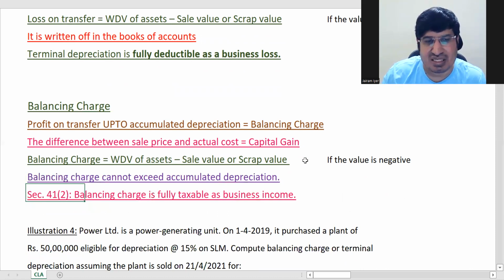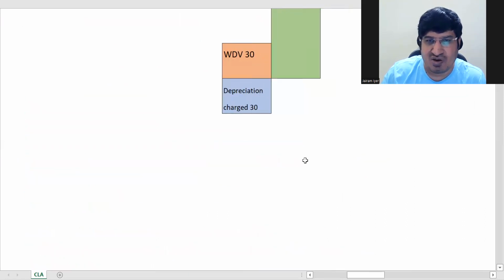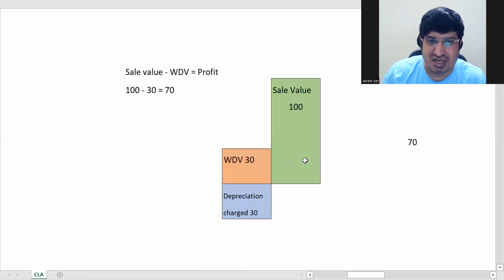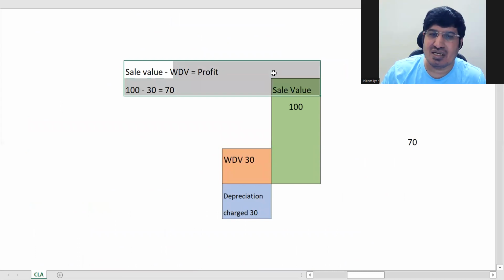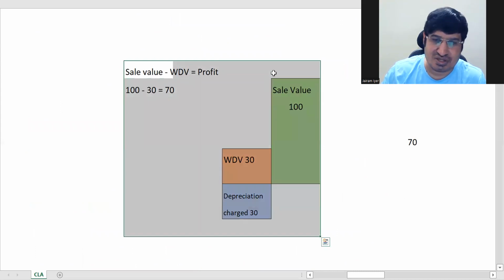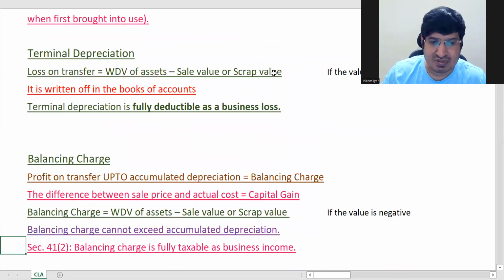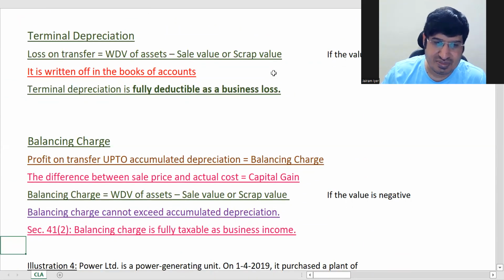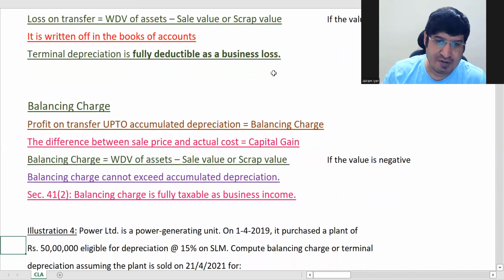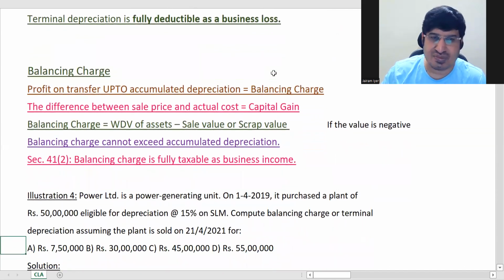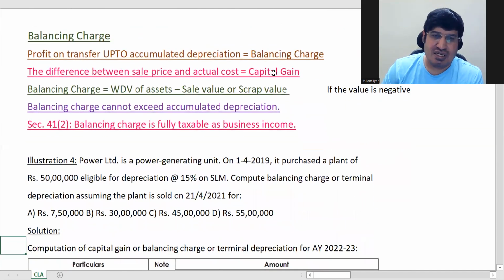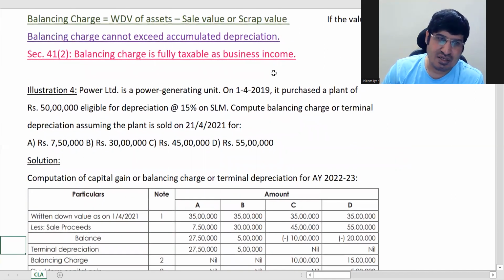If you understand this part, you can easily answer all questions regarding terminal depreciation and balancing charge.